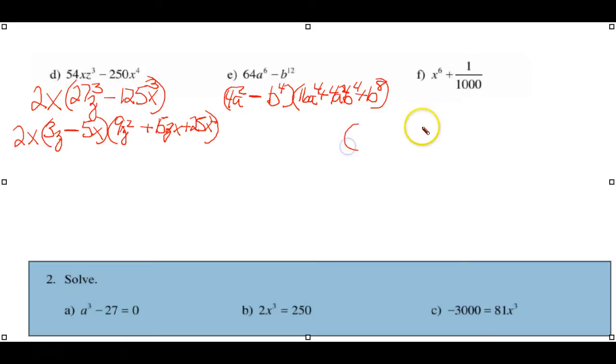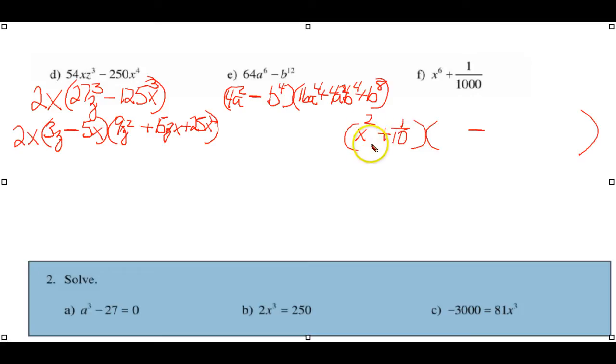Let's give ourselves a little more room here. So, plus sign here, opposite sign there. So this is going to be x squared. Now the cube root of that is 1/10.